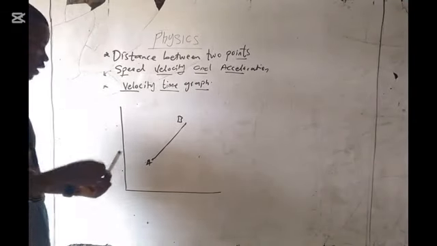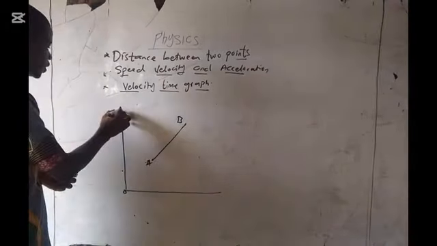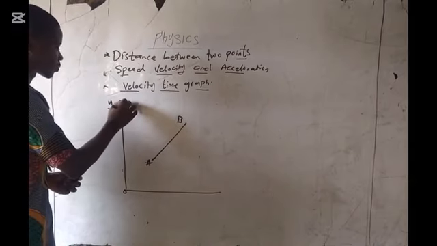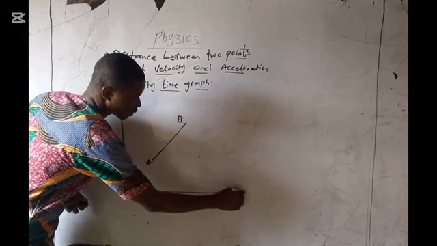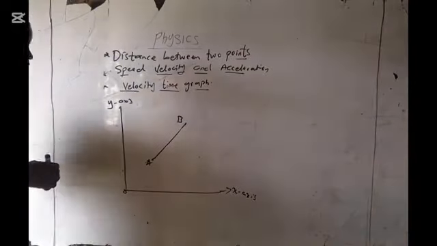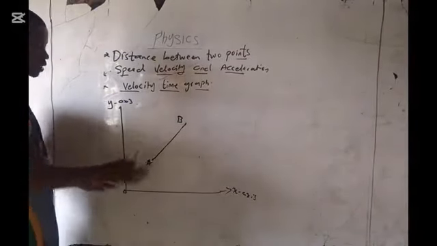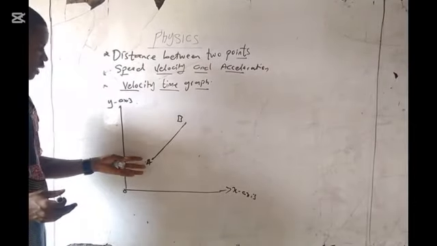I told you to draw a graph like this, and we have this place to be our origin. Of course, this is our y-axis, and this is our x-axis. So how do we get the distance of these points, knowing they are located on this plane?